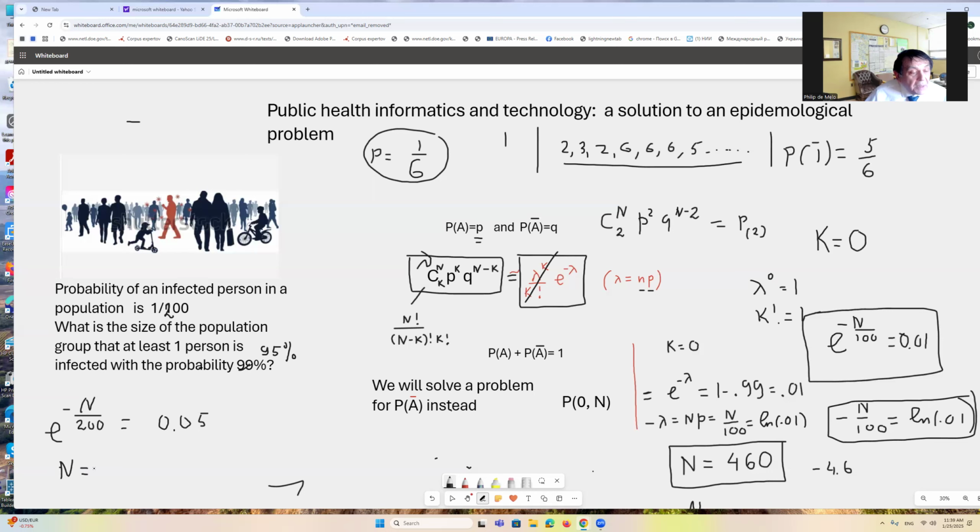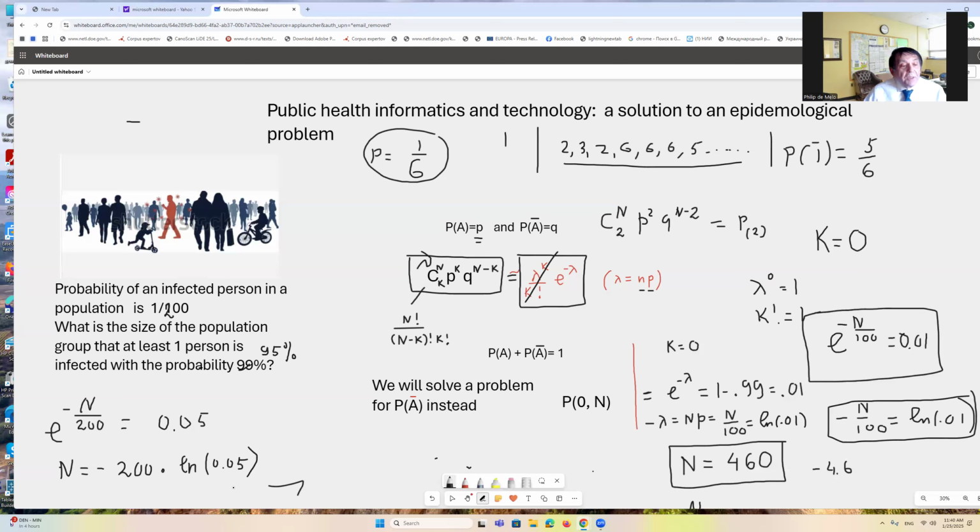And you have n equals negative 200 times the logarithm of 0.05.